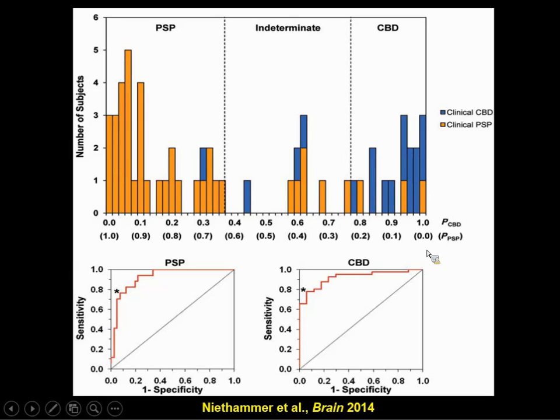CBD versus PSP is quite topical now in the differential diagnostic. I don't know if it's more in the psychiatric world, the CBS, but these are, in the end, forms of tauopathy that have different sort of topographic distributions. And this form of analysis is helpful in that regard. You can really separate them quite well, as you can see the ROC.